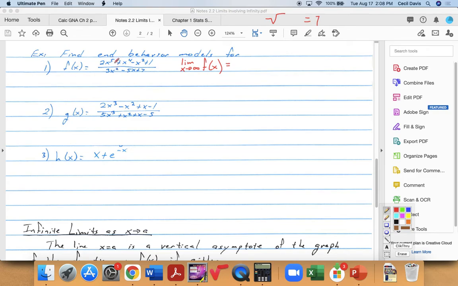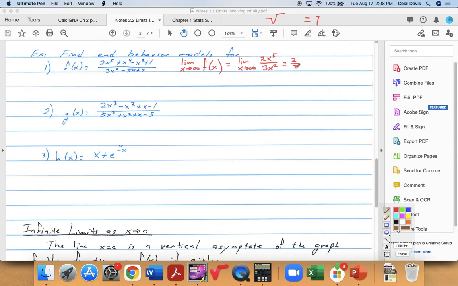Remember, for the polynomials, we just need our highest powers, our leading term. So that's going to be equal to the limit as x tends to infinity of 2x to the 5th over 3x squared. The constant multiple, you can actually factor out of that if you like.